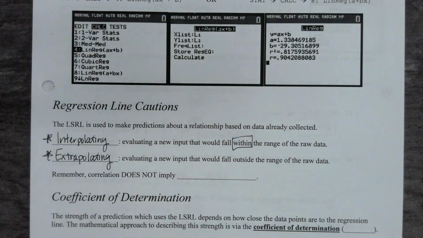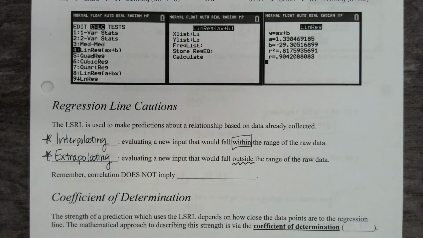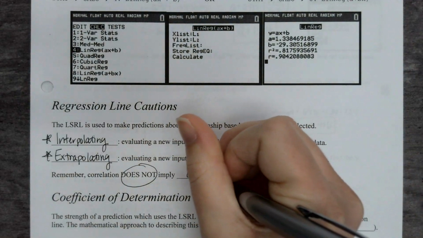So either interpolating, which is inside, within the range, or we're extrapolating, which is outside the data. And remember, correlation does not imply causation.